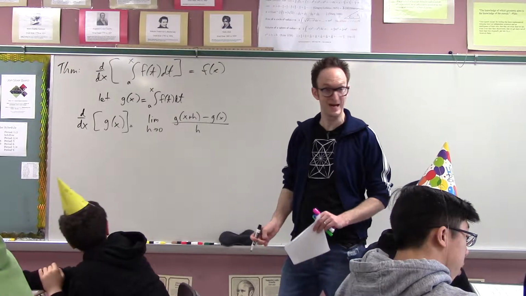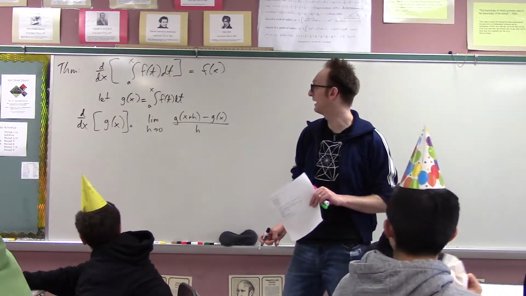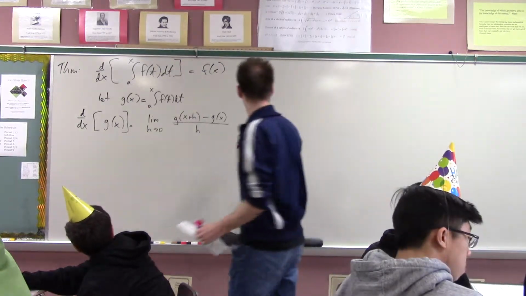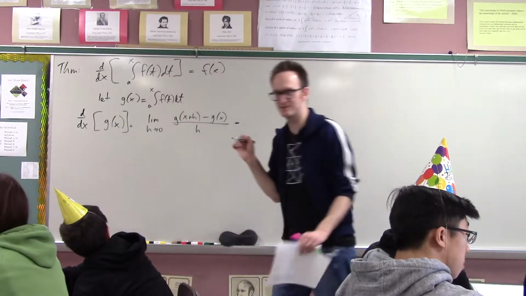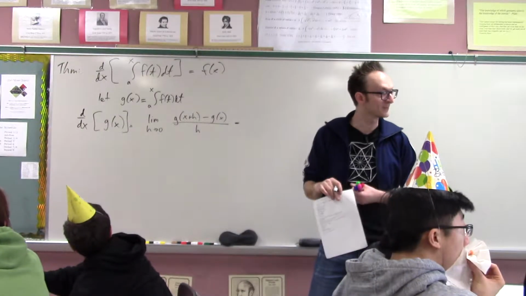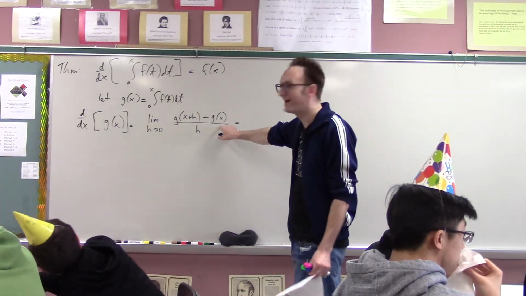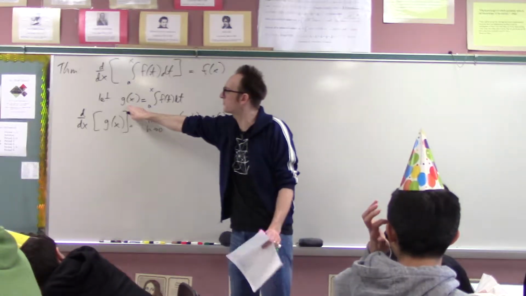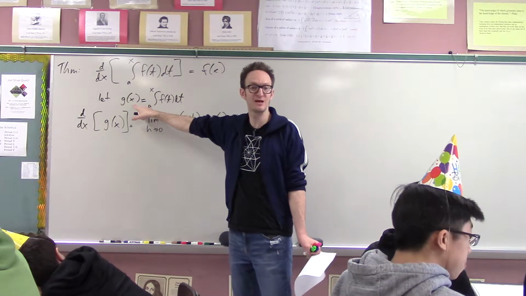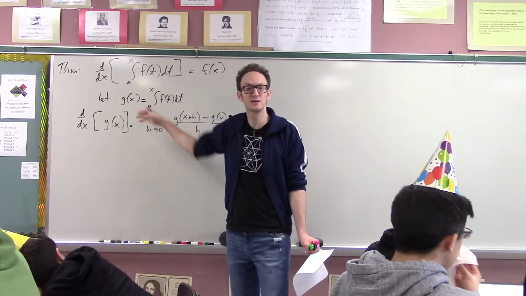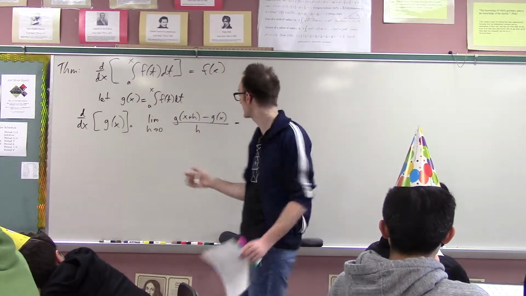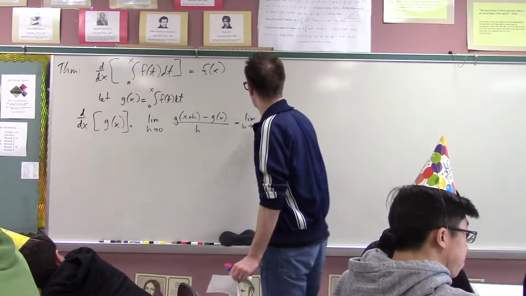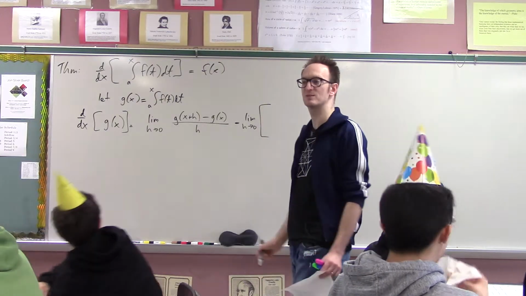Okay, great. What now? Okay, they've caught on. If they say do it, it sounds like they're saying something deep. But yes, we can just do it. By do it, maybe he means that writing this thing as g was just a temporary move to make it cognitively easier to process. In fact, what we are really doing is taking the limit as h approaches 0 of, well, what is g of x plus h?